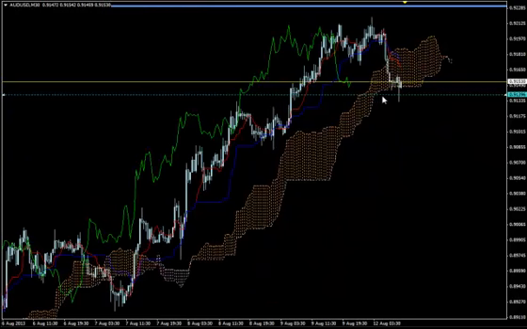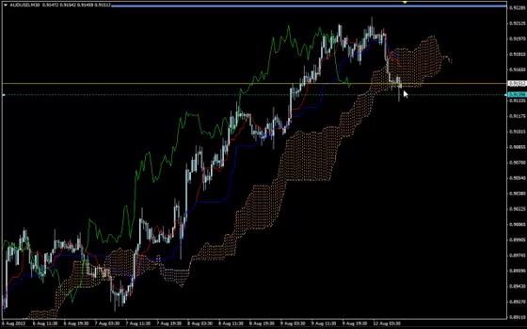M30, we want here to see the bearish Kumo breakout succeed. We don't enter while things look bullish. To have a 100% bearish picture here, we want to see the bearish Kumo breakout happening here, the price going below the Kumo.